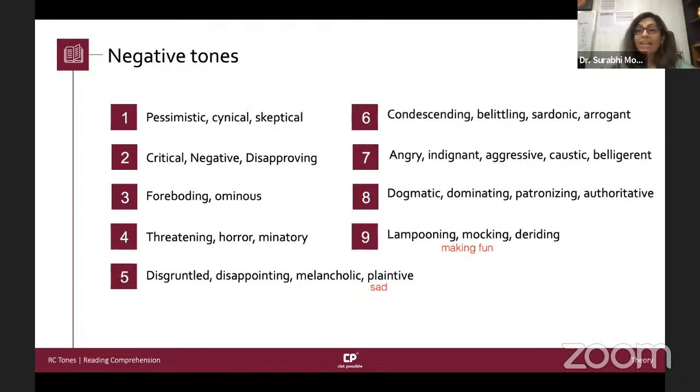But you have to decide, is the author angry or mocking? Or is the author angry or offering healthy criticism? If the author is offering healthy criticism, then the tone will not be condescending. The tone will be critical, which means healthy criticism.